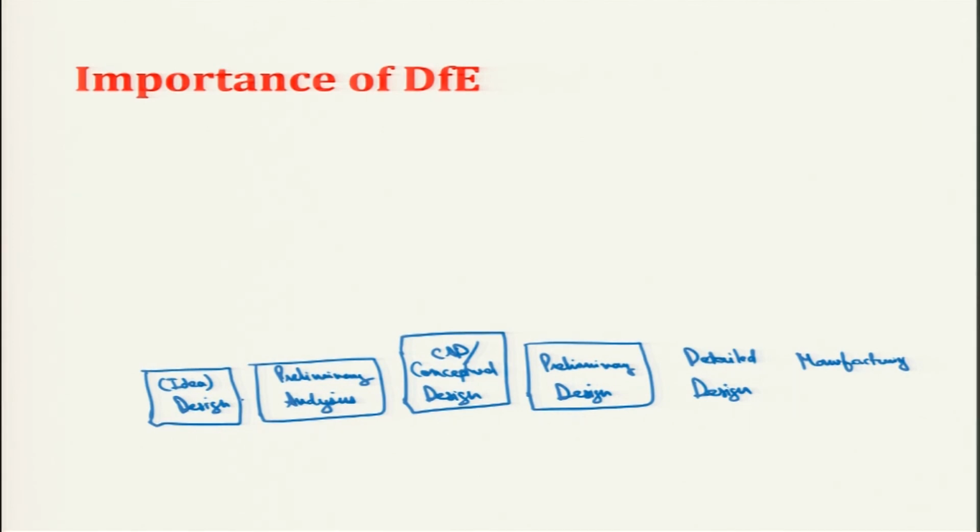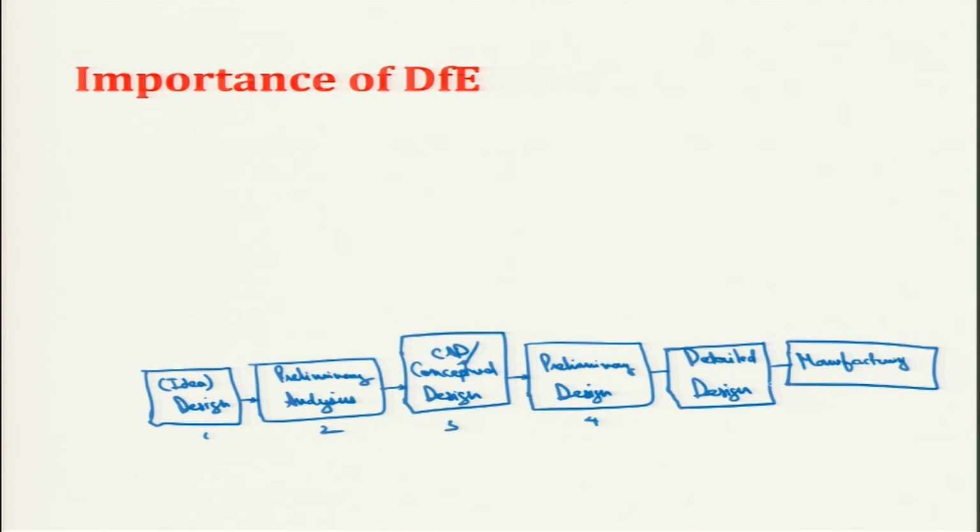Then we go for CAD or conceptual design. Then we make the preliminary design. This is just the initial CAD, the overall concept of the model, in stage 3. This is 1, 2, 3. In stage 4 we have the preliminary design, and we try to see what changes are required. Then we make a detailed design which has all the blueprints, etc. Then we go for manufacturing.